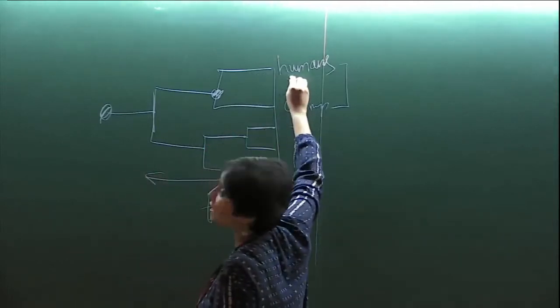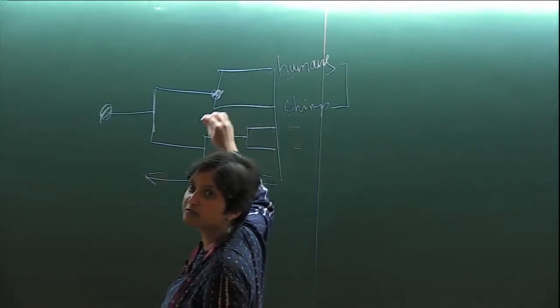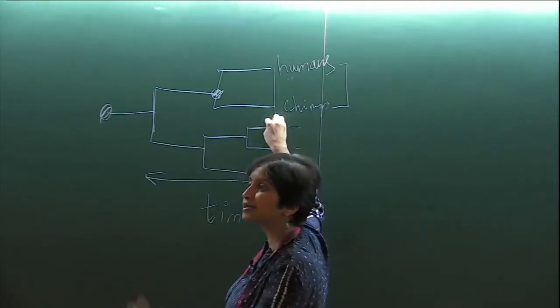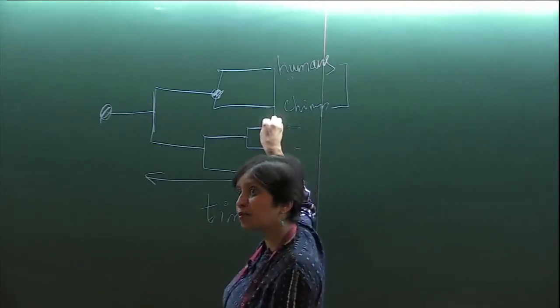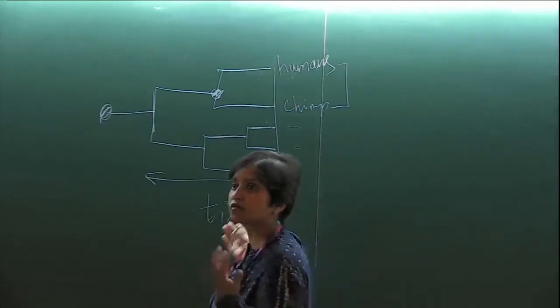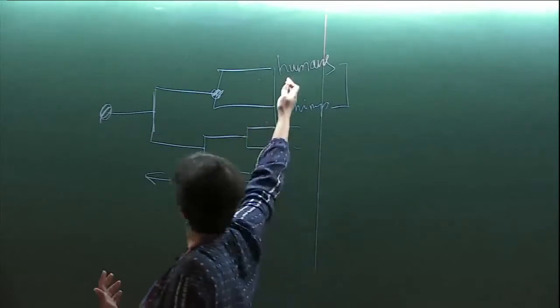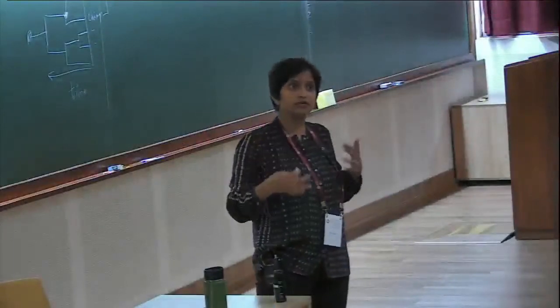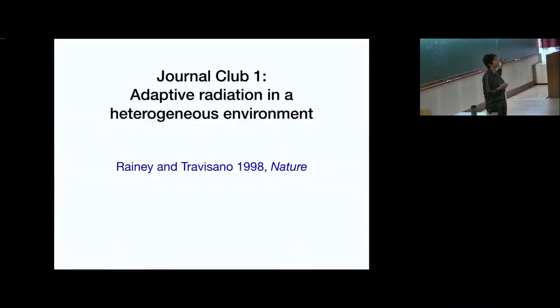It's up to us to define what these endpoints are. Okay? These may be populations in some cases of the same species. So we may think of, for example, tiger populations from India versus other parts of Asia versus Siberia and so on and so forth, right? Or we could think of different species. We could even think of big groups such as animals and plants and so on and so forth. It's up to us to define what we're exactly putting these groups as. So is everybody okay with that?